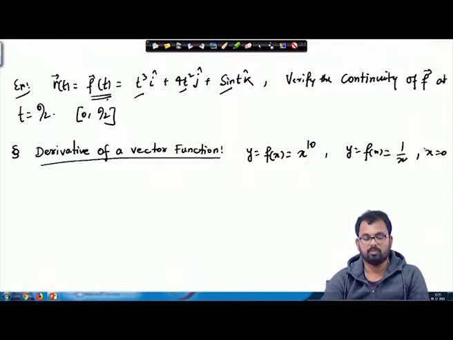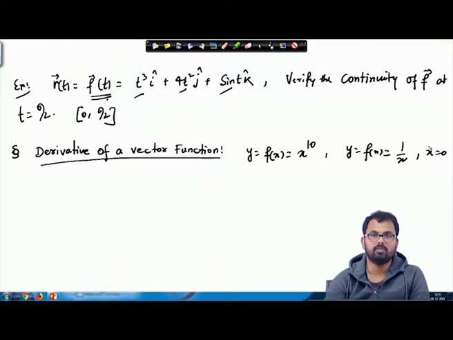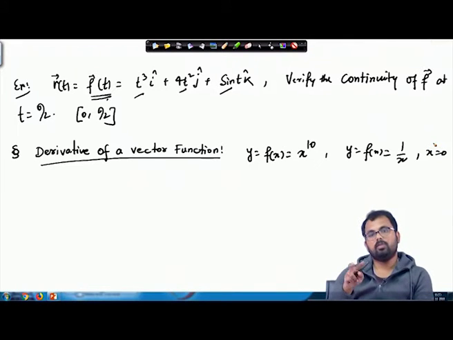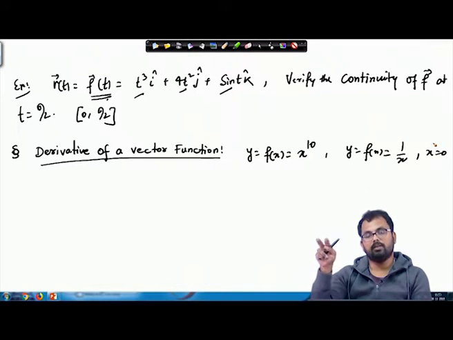How we can define the differentiability of a vector function is the question here. In case of scalar functions, you remember we used to take x plus delta x, and f at x plus delta x minus f x divided by delta x is defined as the derivative.